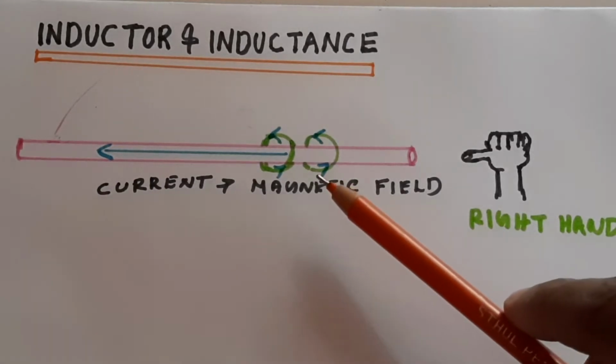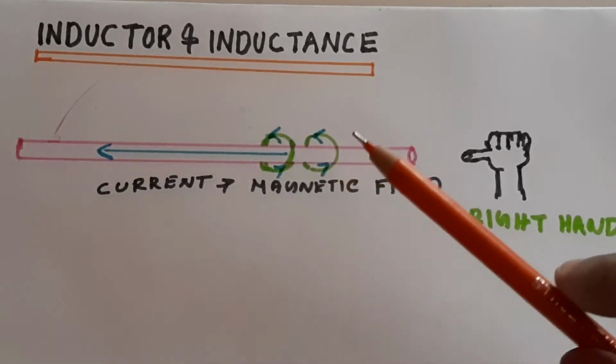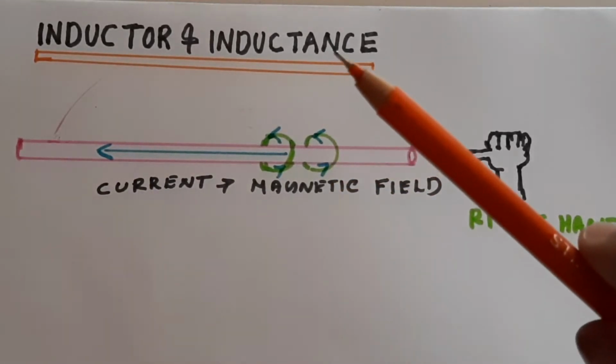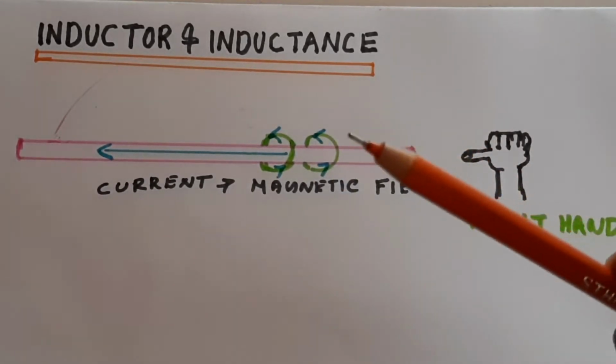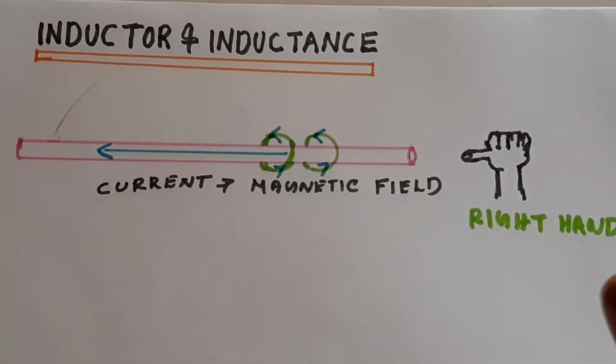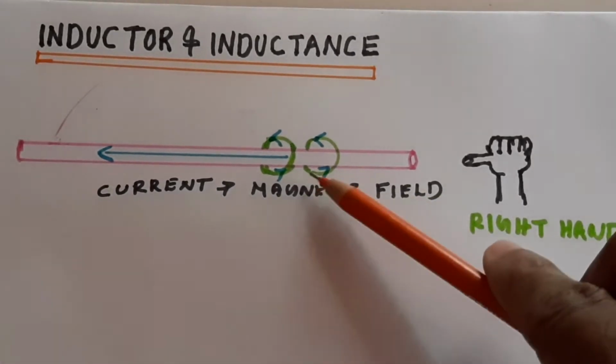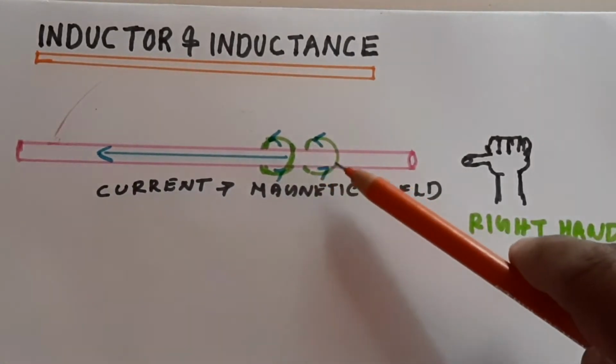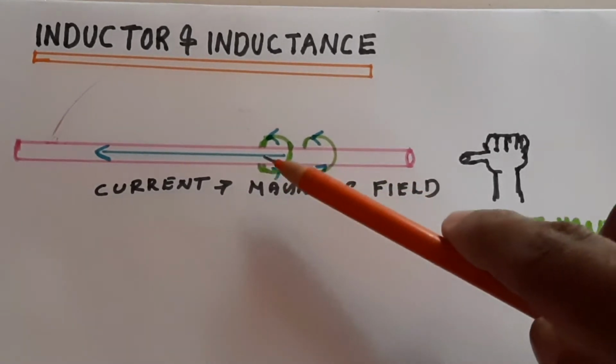This property of the conductor is called inductance. Inductance means it wants to stay the same and does not want to be changed. If any changes occur, the flux, the magnetic field, opposes the change.